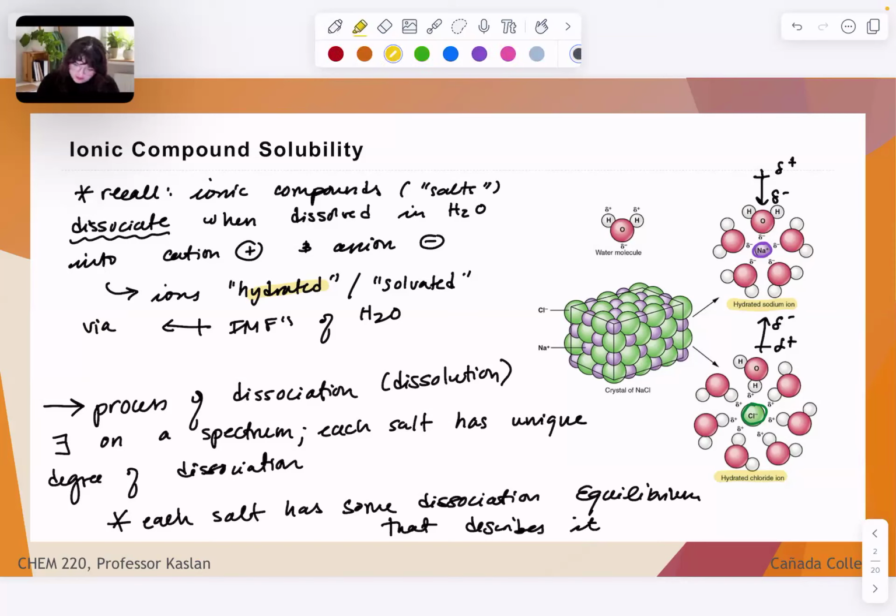that describes it. This is very similar to our conversation about acid strength and that degree of dissociation. When we talk about weak acids, just a reminder, weak acids are those that have acid dissociation constants that are small. We think of that acid as one that gives up its proton in solution, or dissociates in solution to create hydronium, and that degree of dissociation is what we called how strong the acid was, how effective it was at putting hydronium in solution.